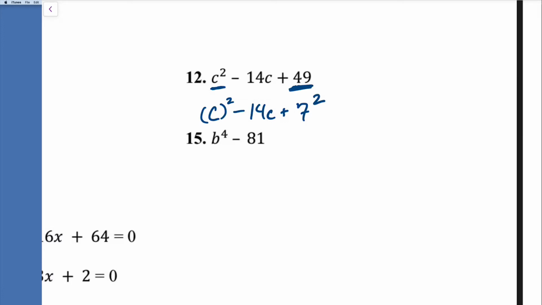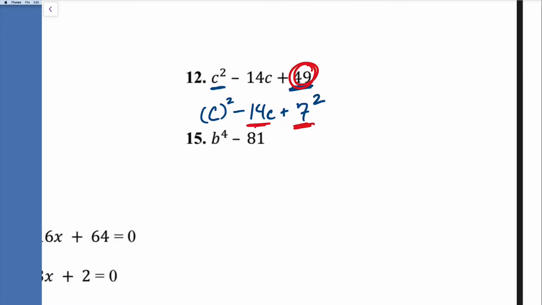On the surface that may not seem like a big deal, but it actually is, because it just so happens that this 7, which I extracted from the 49, is a factor of 14, which will come into play in how I factor it out.